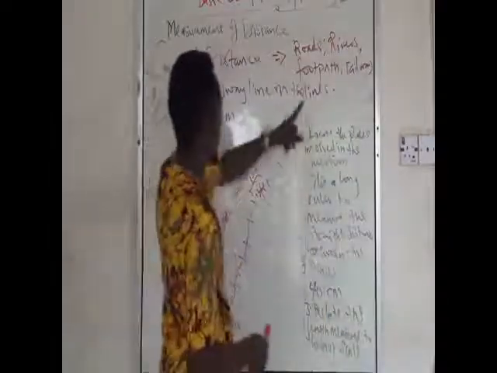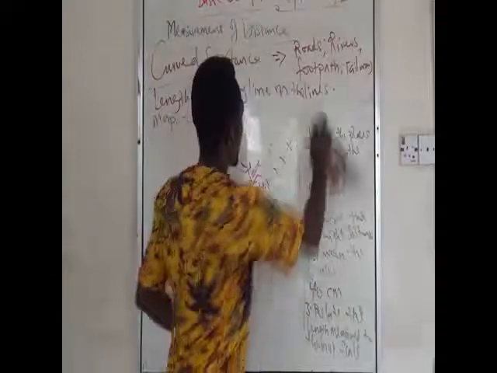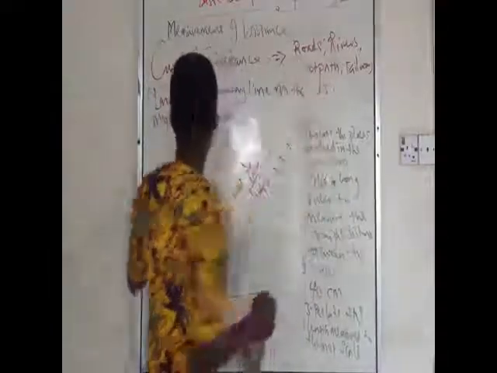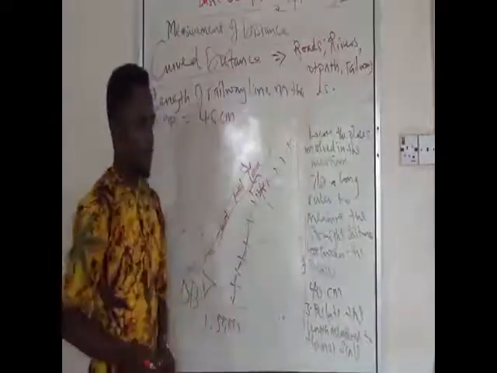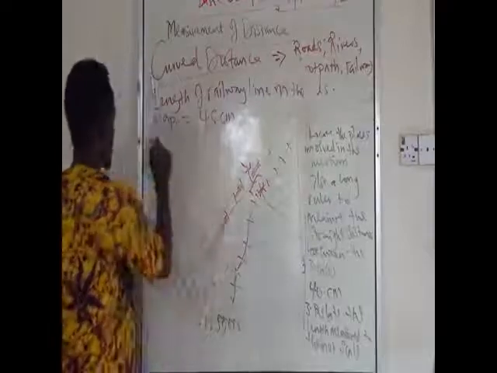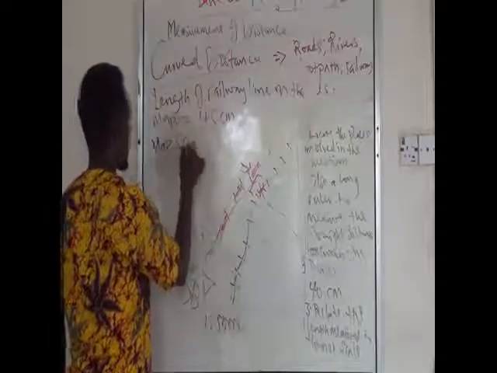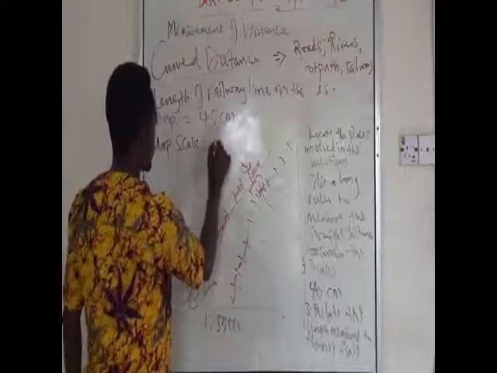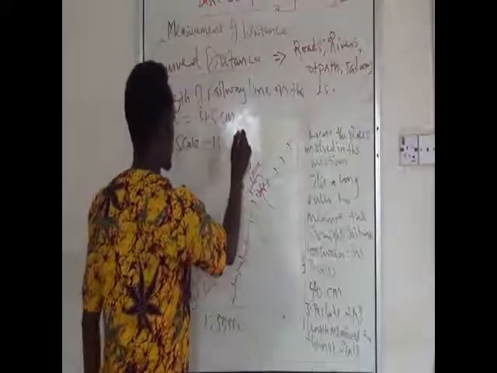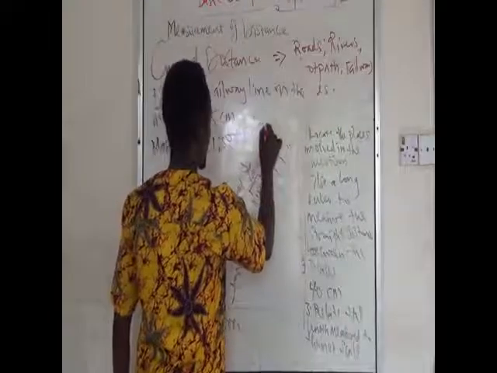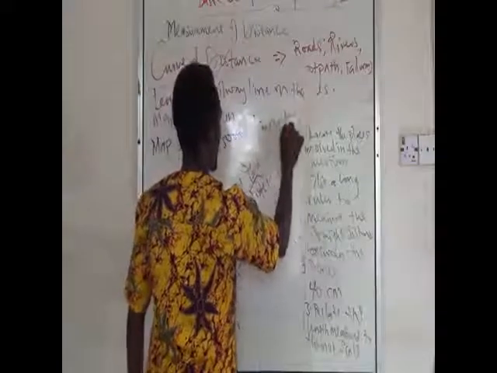Length of railway line on the map is 45 centimeters. Map scale is 1:50,000, or 1 cm represents half km.